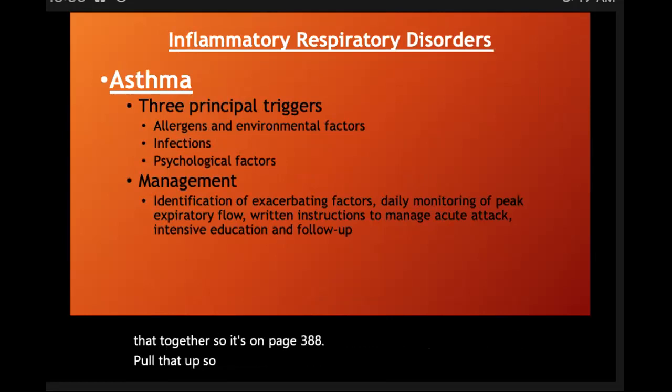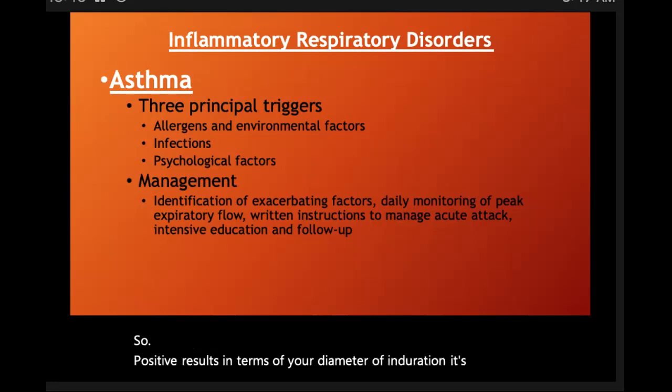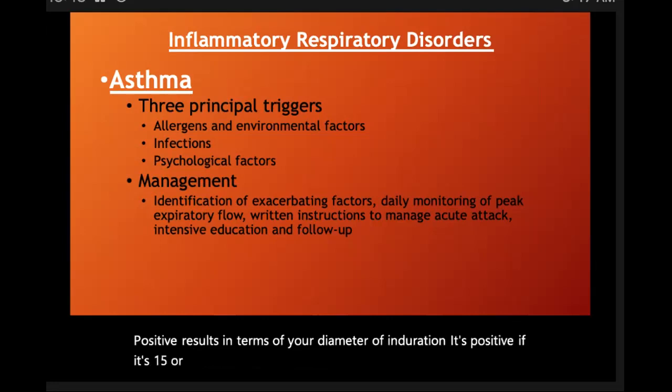Positive results in terms of your diameter of induration, it's positive if it's 15 or greater, but only if they don't have other factors.